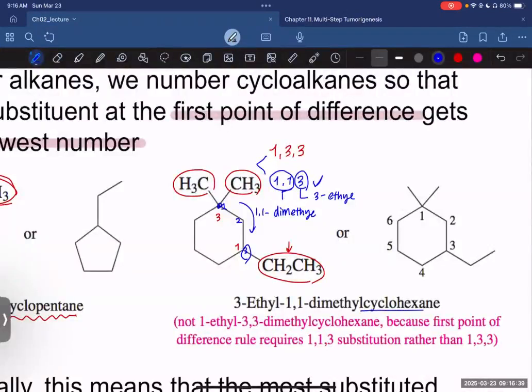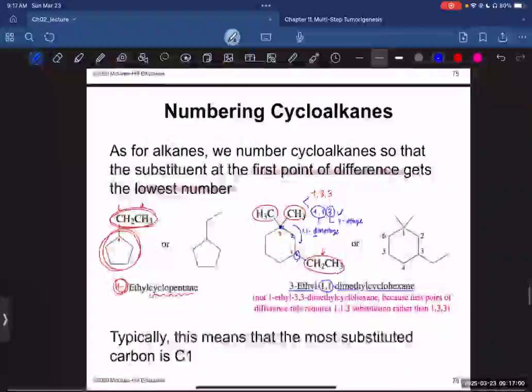So it's going to end in cyclohexane. Now, we have to name these substituents in alphabetical order, and we're not going to consider the prefix di, which means it has to come with 3-ethyl first, followed by 1,1-dimethylcyclohexane.